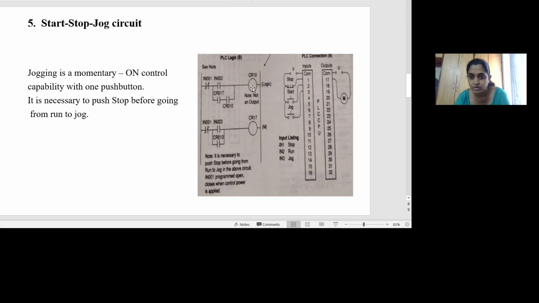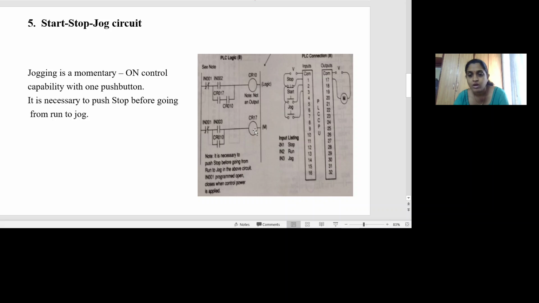Hence, the coil CR10 will be energized, and the contact CR10 closes. Anyhow, 001 is closed, so this also closes. There is a continuous path like this in the second line. Thereby, the coil CR17 is energized, and the motor connected to the coil CR17 starts running. Now it is running at higher speed.